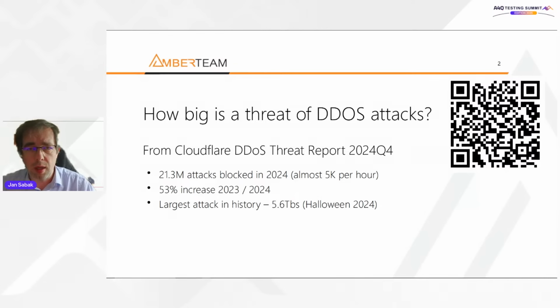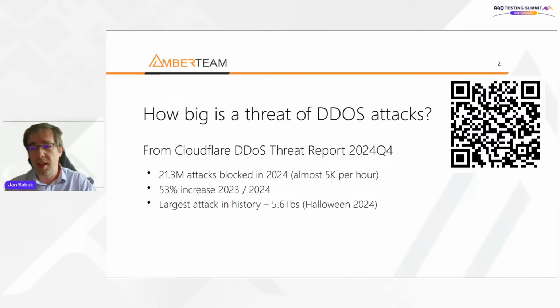As you can recalculate, it's almost 5,000 attacks per hour. So every hour in 2024, there were almost 5,000 attacks. And it's an increasing threat, because the increase from 2023 to 2024 was more than 50%. So you can imagine how many attacks there will be this year.